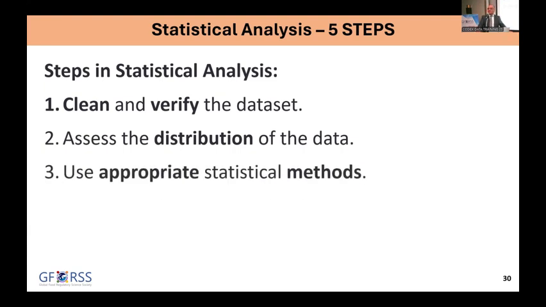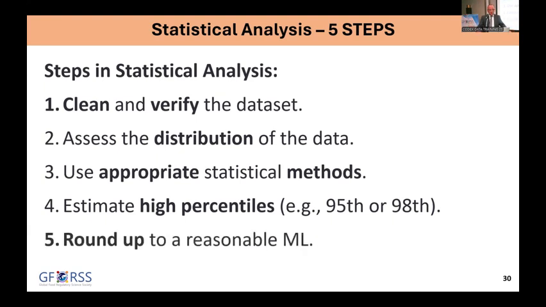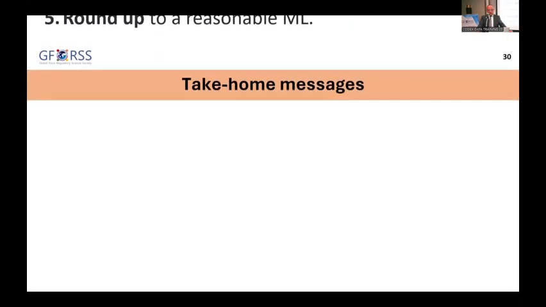Use an appropriate statistical method like this one, or obviously others, to generate and estimate the percentiles. And we agreed on the 95th percentile to cover the worst case scenario, and obviously round it up to a reasonable ML, as we mentioned before.